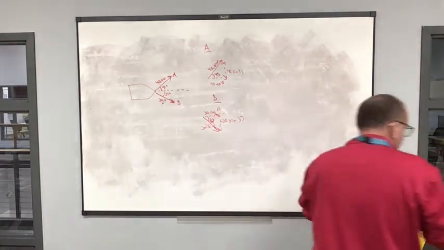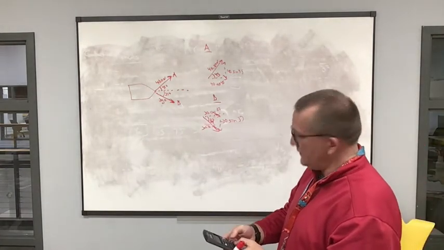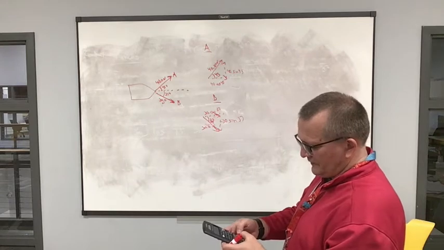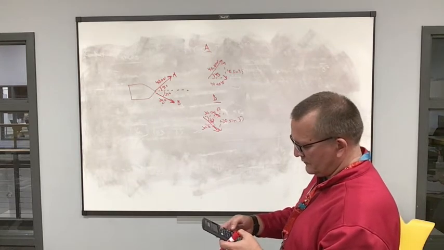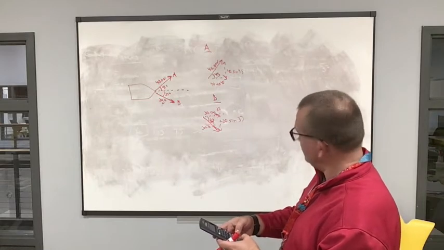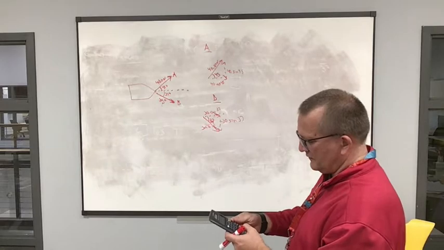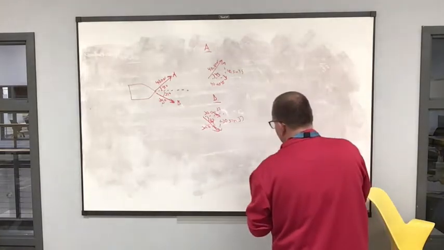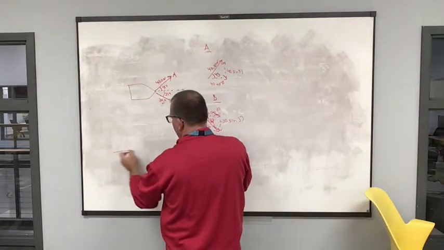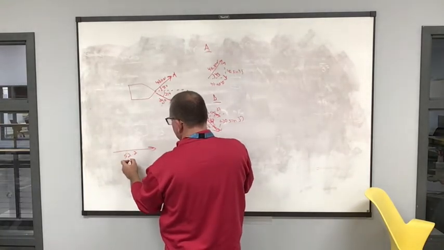So I go with my calculator, 40 cosine 45 plus 30 cosine 37. And when I add those two up, my overall x is going to be 52.2 newtons.